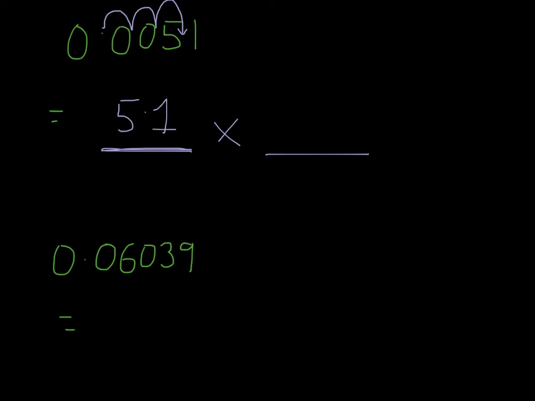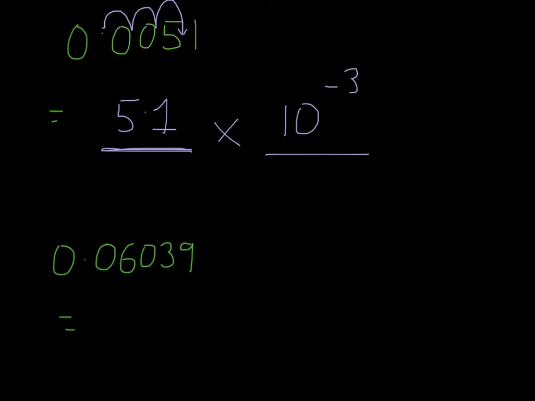We've moved it 3 places, so our power of 10 is going to be negative 3. That's because when we have this number in scientific notation, to get its actual form, we need to move the number backwards 3 places, or in the negative direction, to get it back to its smaller number.